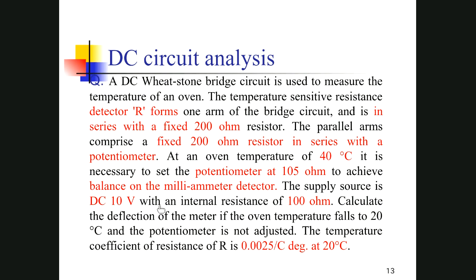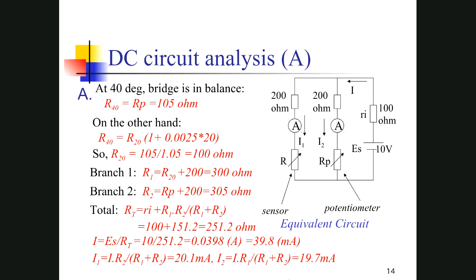Okay, so now we go ahead to see how to draw the equivalent circuit. Based on the equivalent circuit, we can have a further explanation of the question. Okay, so to the next slide. First, let's look at the equivalent circuit I have drawn here.